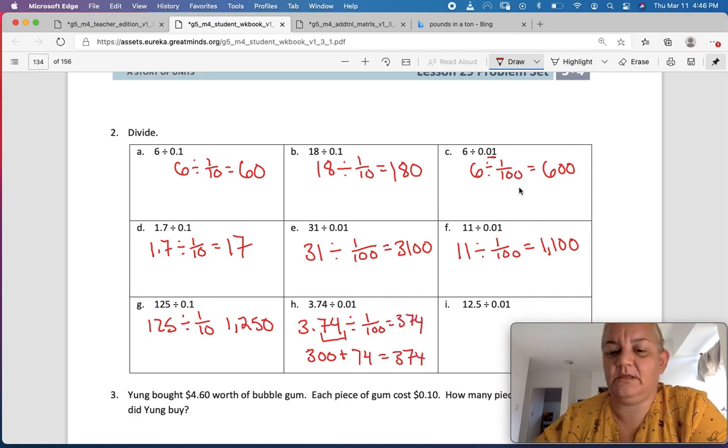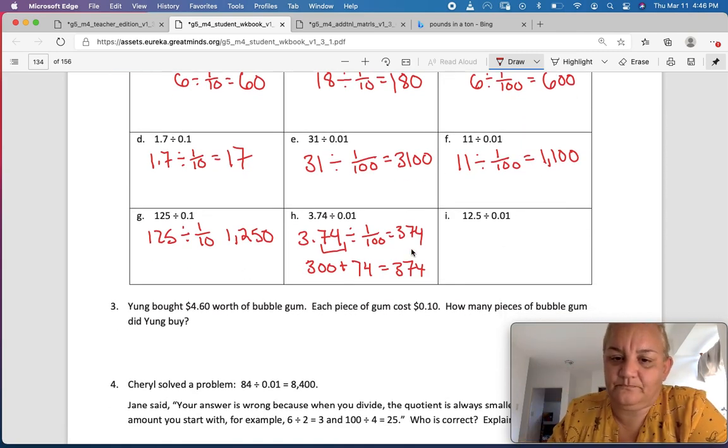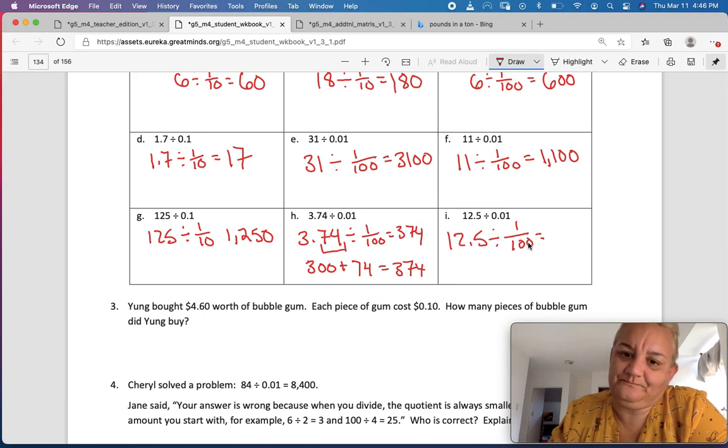Okay. Next one. 12 5/10ths divided by 1/100th. Okay, so just thinking here. 1/100th would go into 5/10ths. So 5/10ths, I'm going to write this here, 5/10ths is the same as 50/100ths.